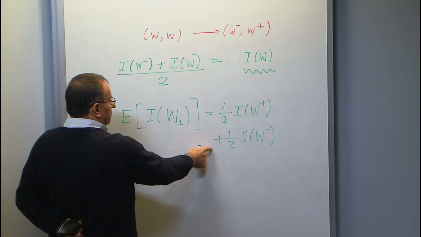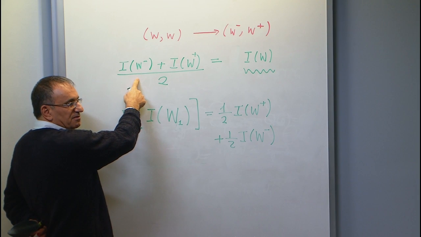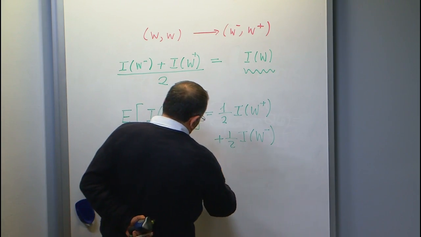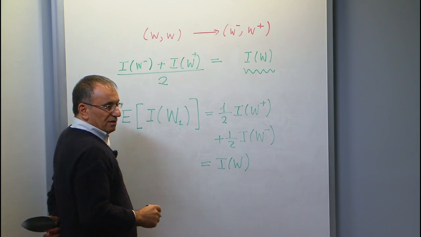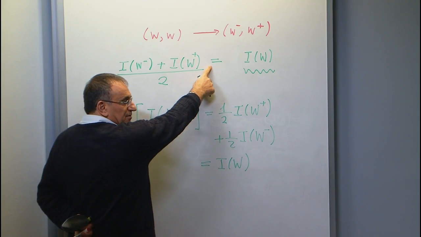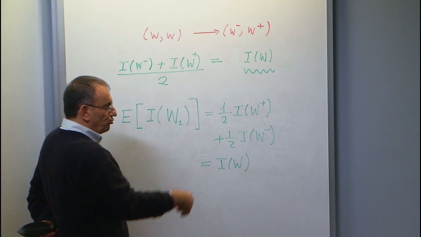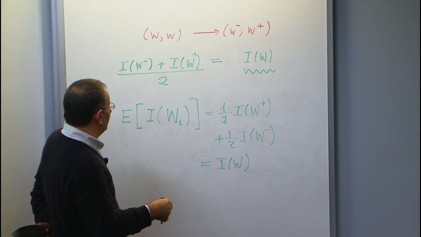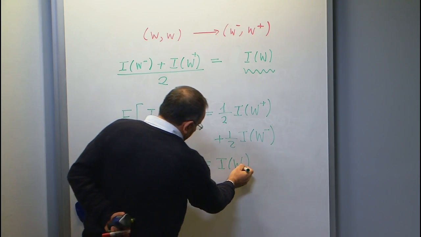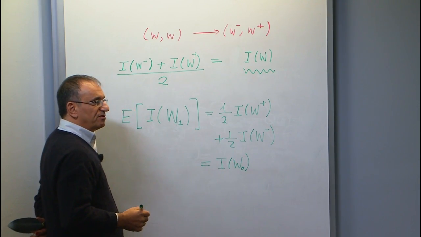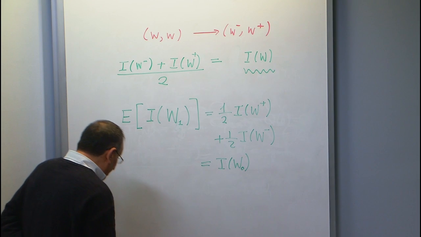This average here is precisely the same as this one. So that's equal to I(W), by the fact that mutual information is conserved. Here I want to look at this as W0, the value of the random process at time 0.